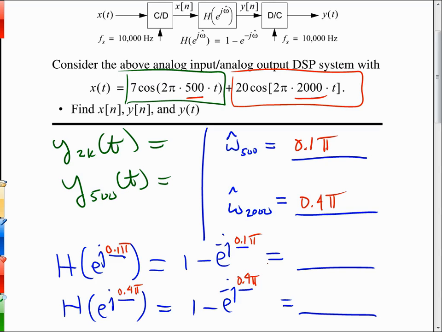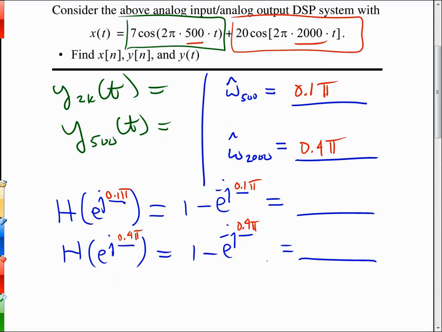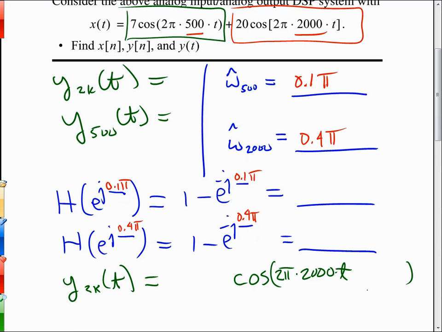So now we need to have that in polar form. Okay, any answers?